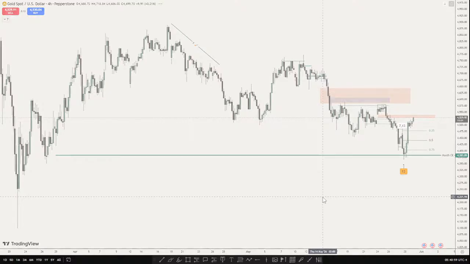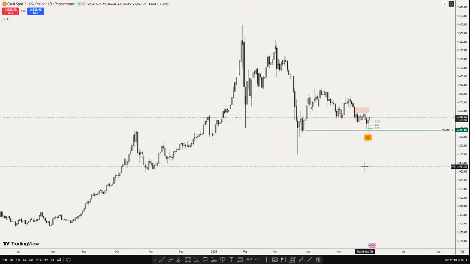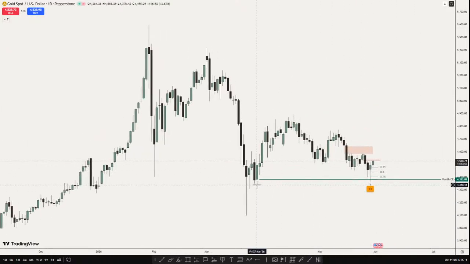Similarly, on the daily time frame, there was this low here, and then this candle's low here, which were creating sort of double bottoms for price on gold euro and gold pound, so they were expected to go.